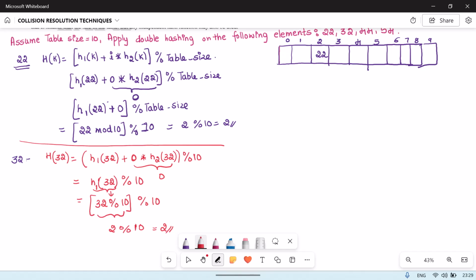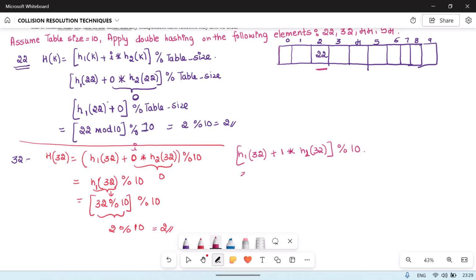Are you now understanding what is happening? I initially used i as 0 and got the value 2. But 2 is already filled by 22. So instead of using i as 0, change the i value to 1, increment it. So it is h1 of 32 plus 1 times h2 of 32, mod 10.